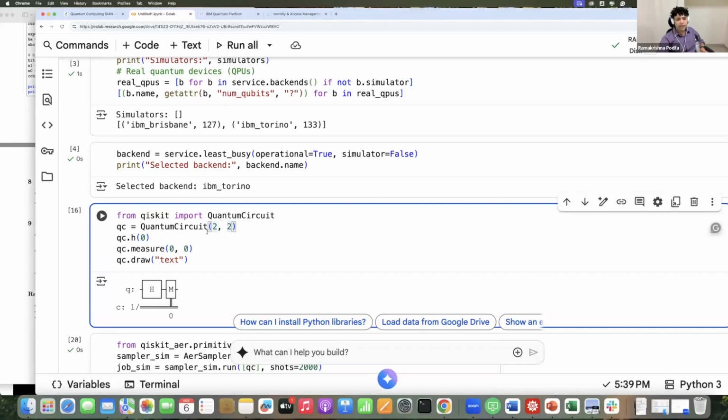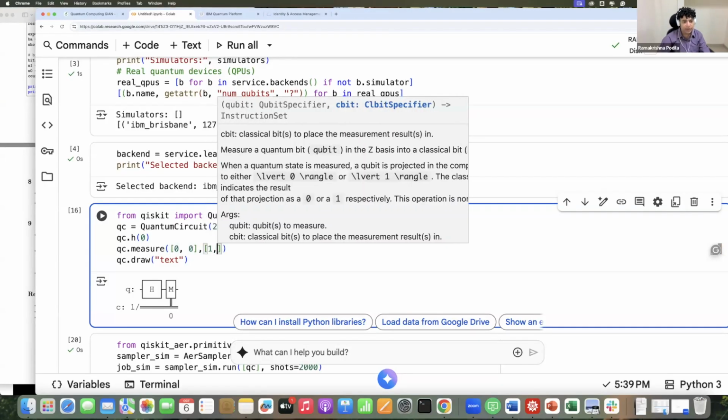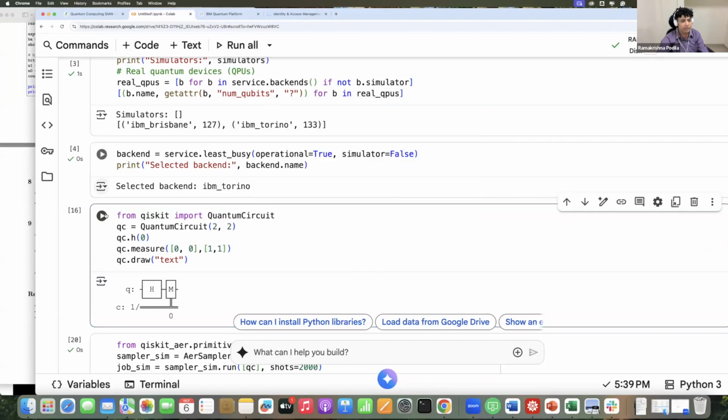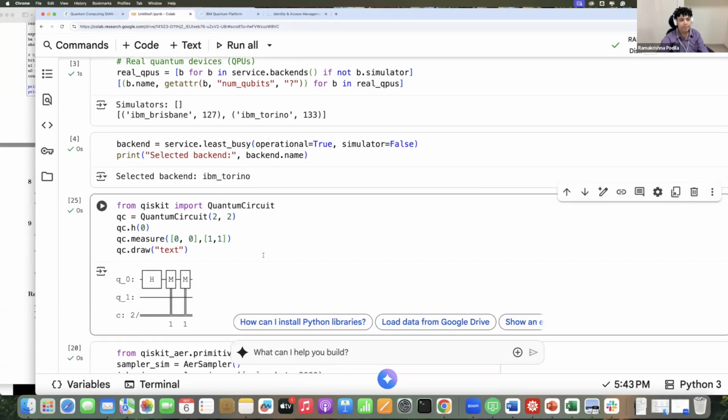I'm just going to create 2 qubits and 2 classical bits, and I'm going to apply Hadamard gate only on the 0th qubit, and I'm going to measure the 0th qubit and store it in the 0th bit, and measure the first qubit and store it in the first bit. I hope this works. Yeah.